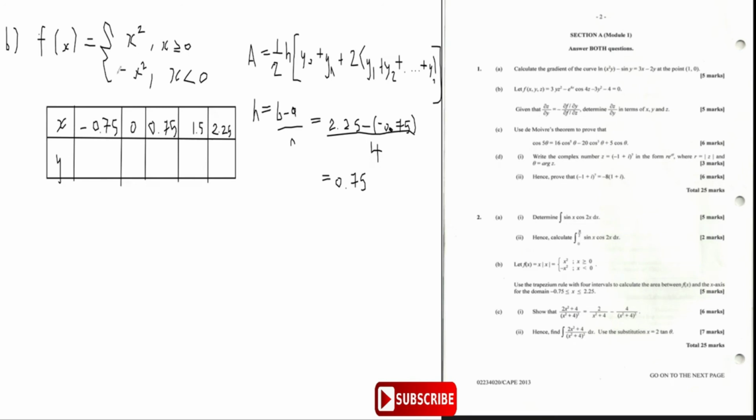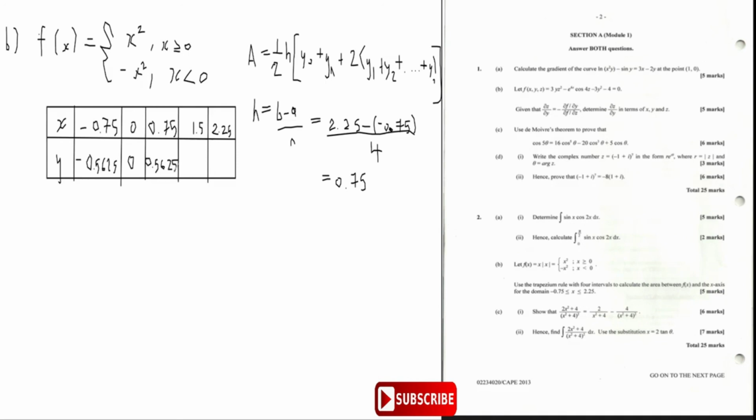And so it is minus x squared, which is minus 0.5625. Then when x is 0, y is clearly 0. When x is 0.75, it's just going to be the positive of that number, which is 0.5625.